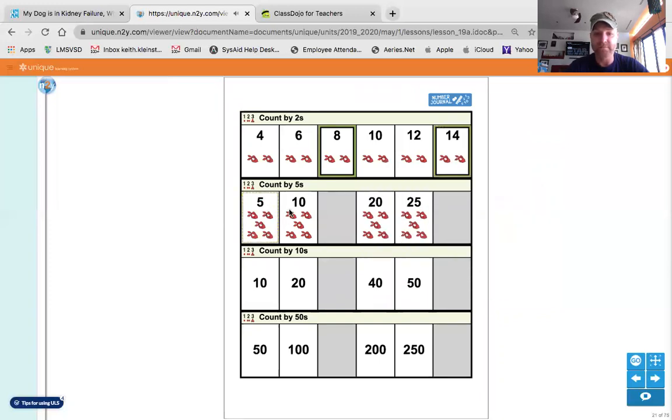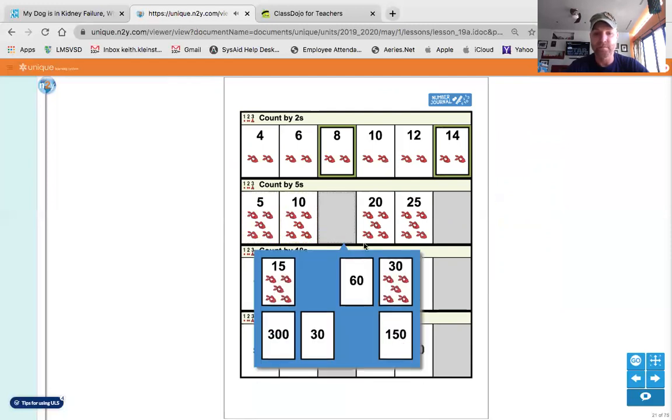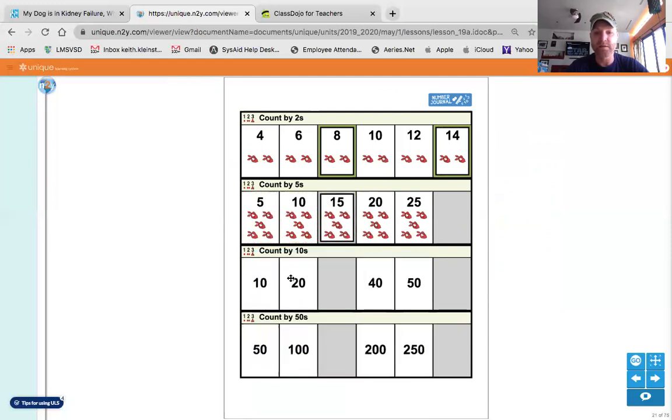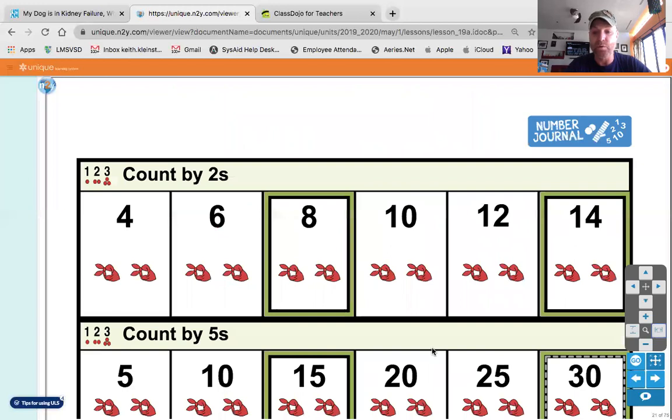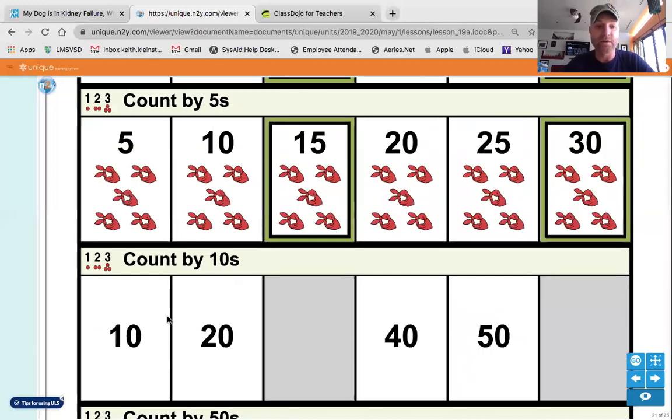Now count by 5s. 10, 15, 20, 25, 30. There are also several YouTube videos that support this music video. You can go on YouTube with your child, enter song, count by 2s, or count by 5s, count by 10s, and then you can review that with them too. We do that as a supplement, additional support and educational activity for learning these concepts.